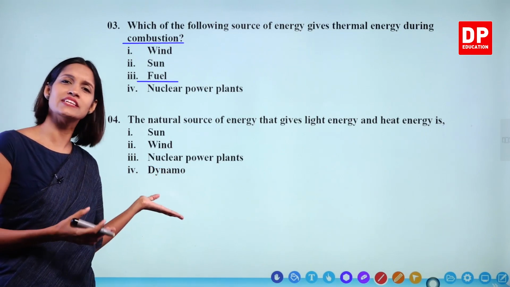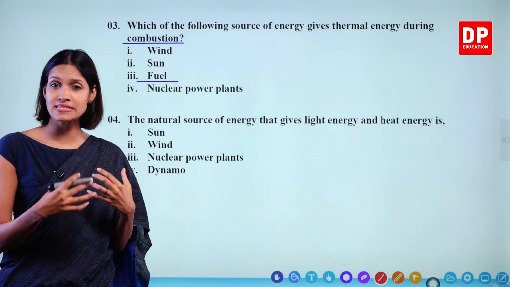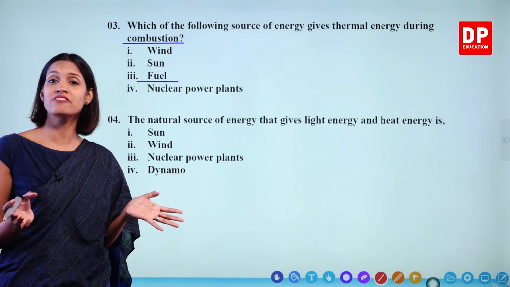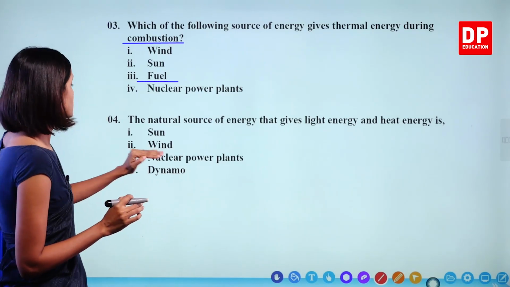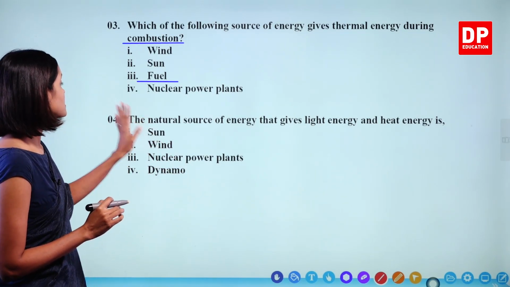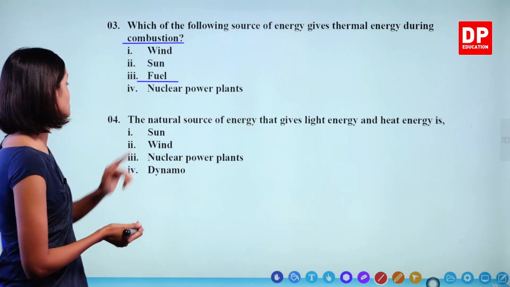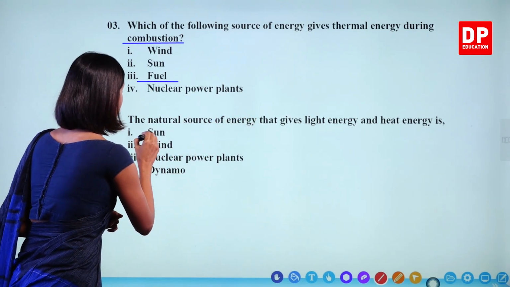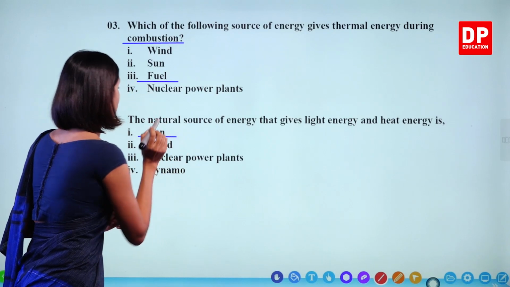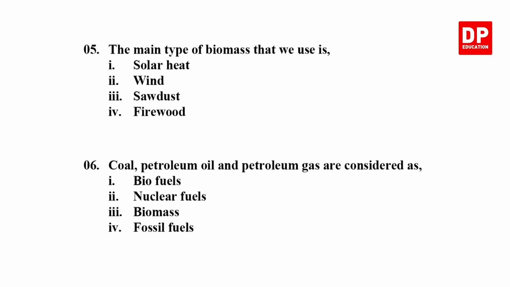Dynamo doesn't give light energy. When the parts of the dynamo work, those machine parts get heated up, but it does not give us light energy, okay? So dynamo can generate electrical energy. So the answer is, the natural source of energy that gives light energy and heat energy is the Sun. Understand, children? Right. The next one.